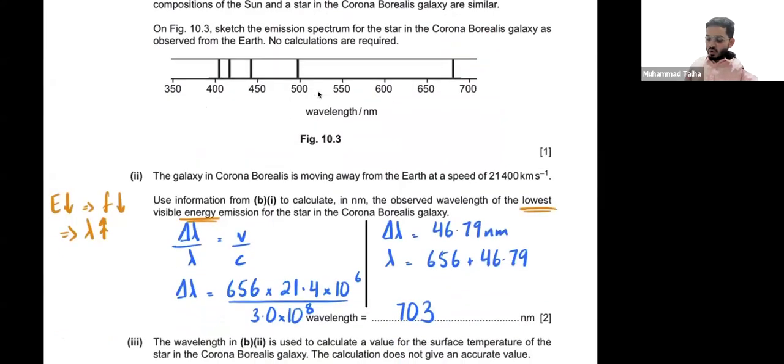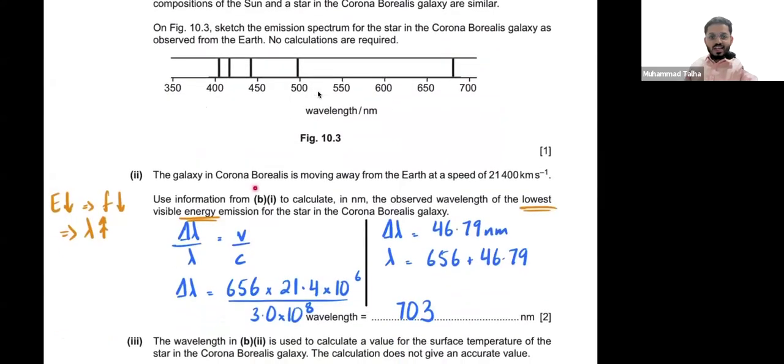The galaxy is moving away from the Earth at a speed of this much. Use information from B1 to calculate in nanometers the observed wavelength of the lowest visible energy emission. Lowest visible energy emission means that if you want the energy to be the lowest, frequency must be the lowest, and hence the wavelength must be the largest one.